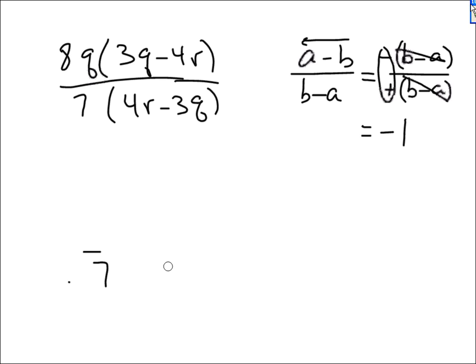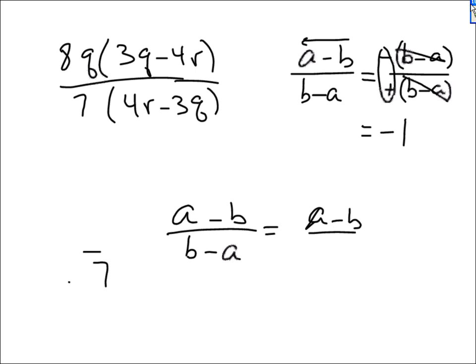In other words, if A equals B, if A and B are the same, then that's 0 on top. And if A and B are the same, then that's 0 on the bottom. But this is the same as A minus B over, well, let me not do it that way.